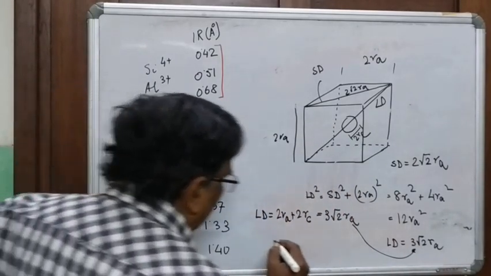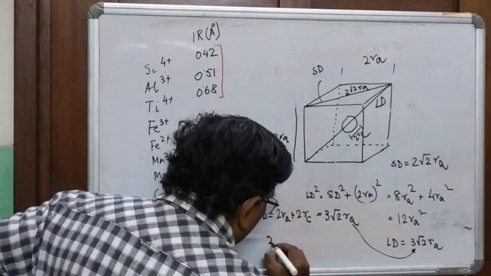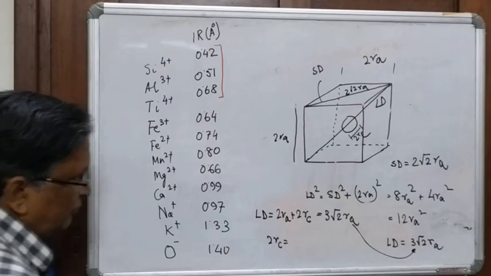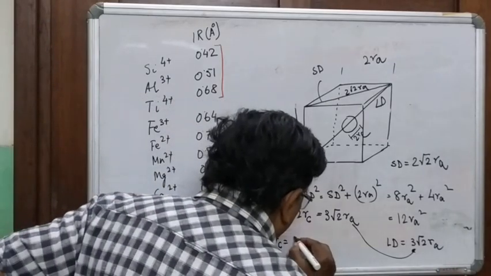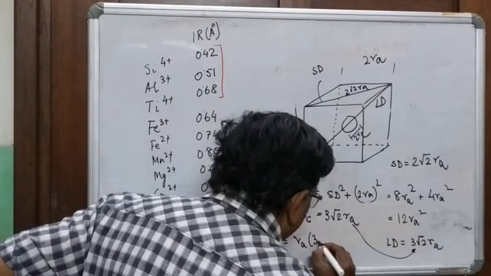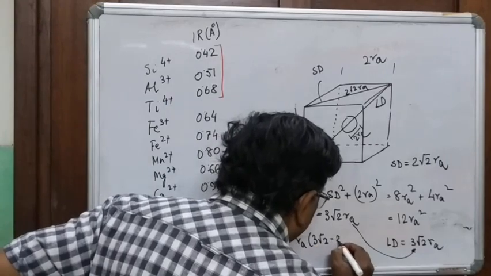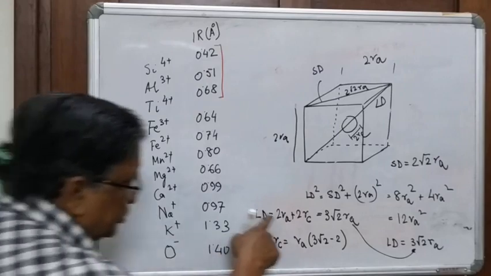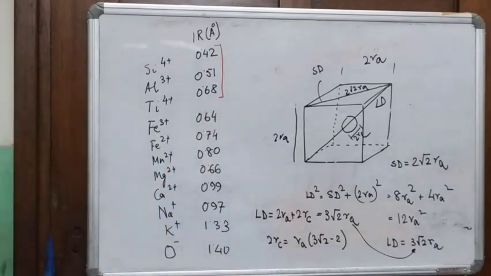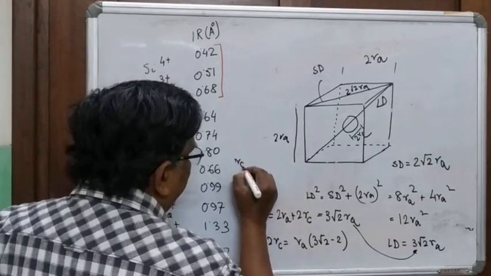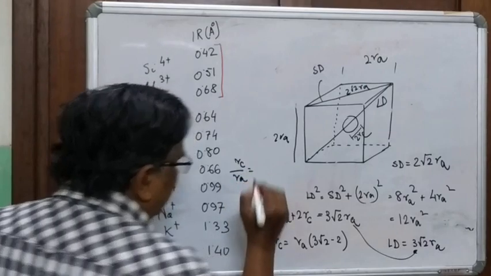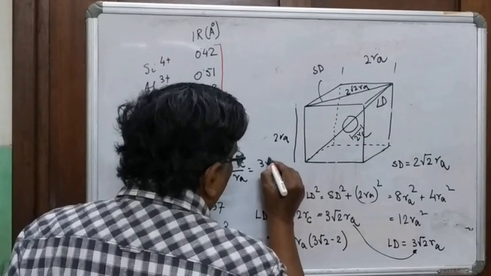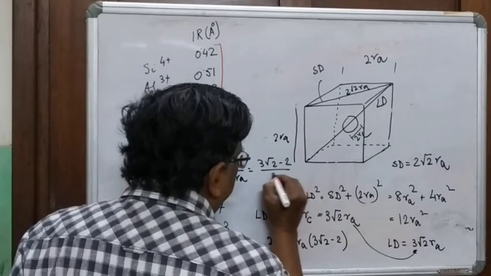So we have now 2Rc will be equal to 2Ra times 3 root 2 minus 2, and this should be it. And therefore you will have Rc by Ra is equal to 3 root 2 minus 2 divided by 2.